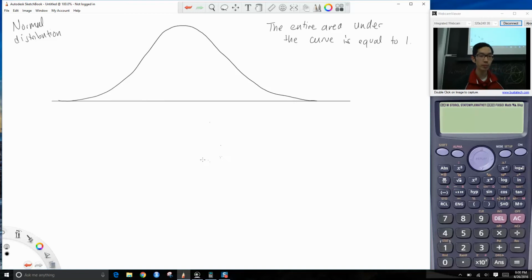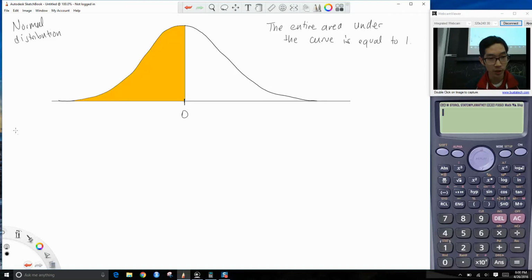And then if we're talking about the standard normal, the value that goes in the middle is 0, okay? Which means we have positive values to the right, negative values to the left. So if I were to draw a vertical line at 0, and I shade in everything to the left, how much have I shaded? 0.5, right?